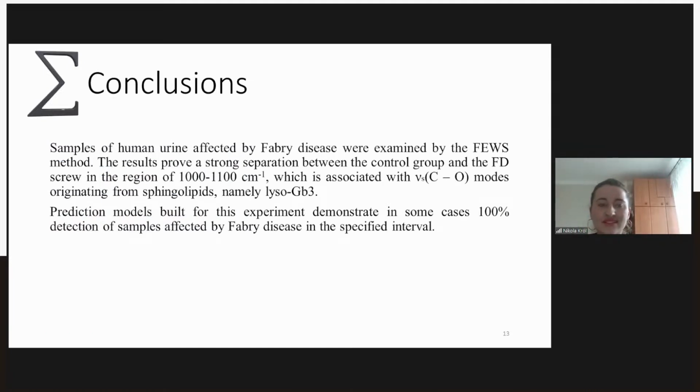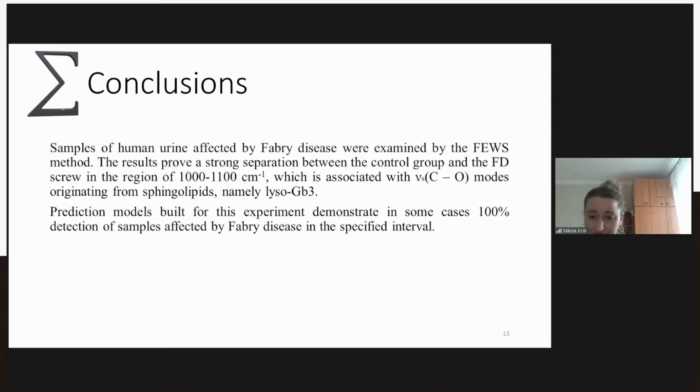And I would like to say that, as we can see in the table, the chance of missing a person with Fabry disease is exactly 0.0, and the chance of a false positive error is also really low. It's about 0.4%, which means that there will not be many extra cost demands.